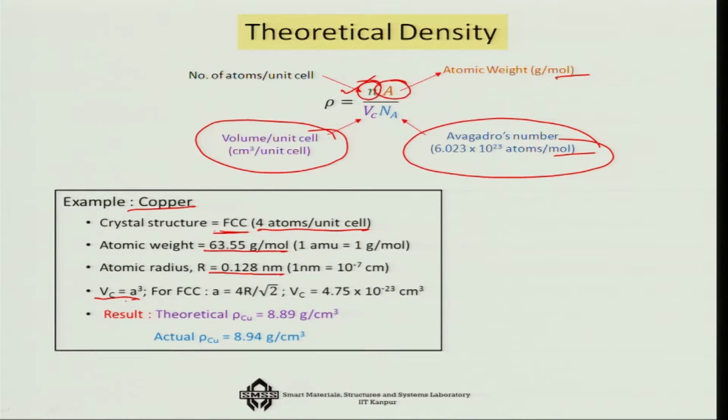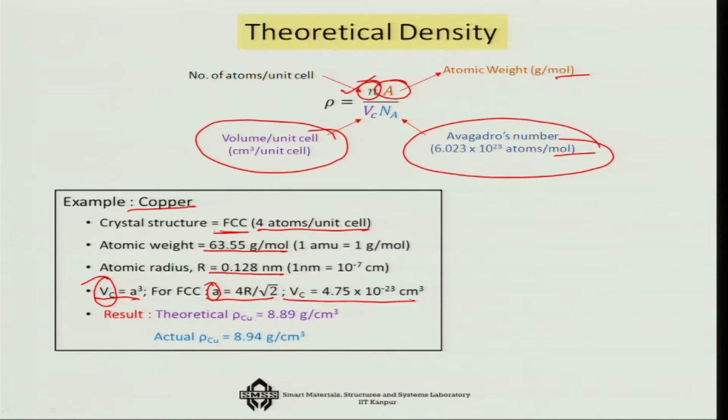What is the A to R relationship for an FCC structure, and since R is already known to you, you should be able to find out A. So, you should be able to find out Vc, and you will see this Vc will come out to be 4.75 into 10 to the power minus 23 cc, a very, very small volume, but nevertheless we are talking at the crystal structure level.